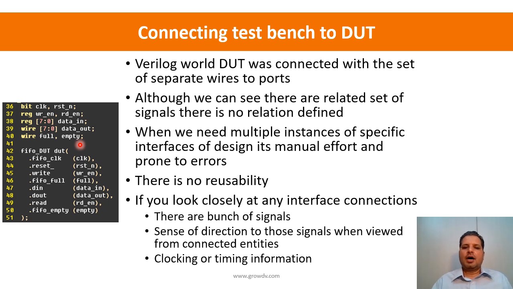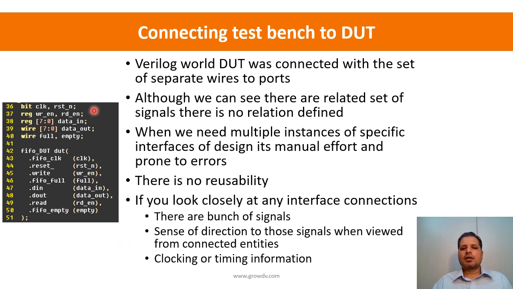Because of this, if I want to instance multiple FIFO DUTs, I will have to instance them separately, and in terms of connectivity there is also no reusability, right? Every connection is a separate connection and every wire is a discrete wire, and hence it's also error prone, right?